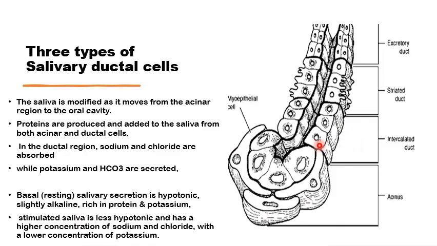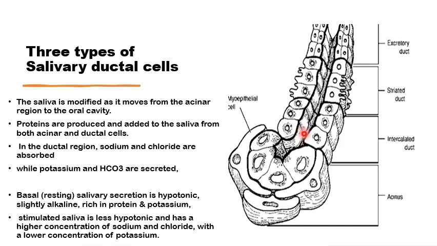The initial fluid, the initial saliva secreted by the acini, is pushed into the ductal system. You have 3 types of duct cells, 3 types of duct systems: the intercalated duct system initially, followed by the striated ducts with this basal striation in the basal part full of mitochondria, and then the final excretory duct at the end. As the fluid passes through the duct system, it becomes progressively less isotonic.